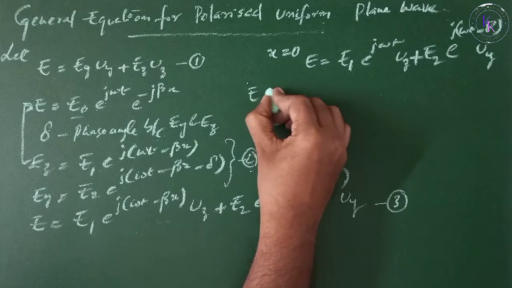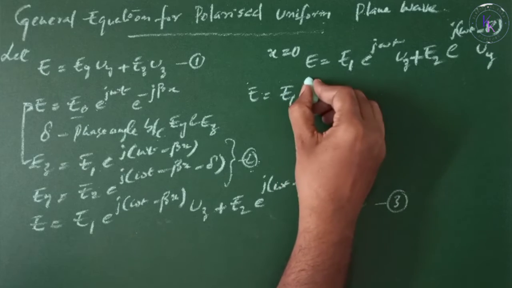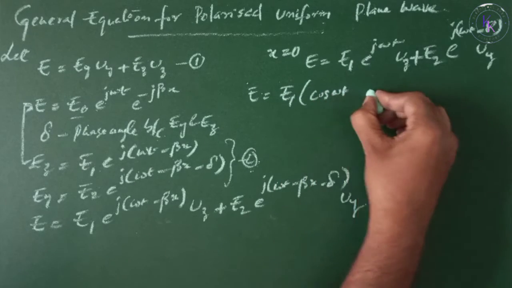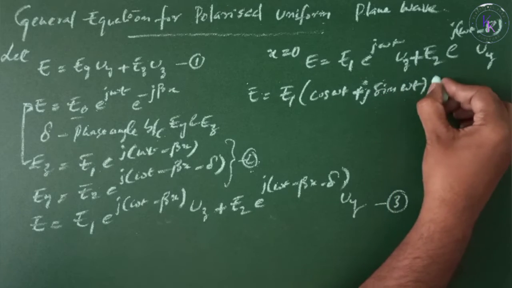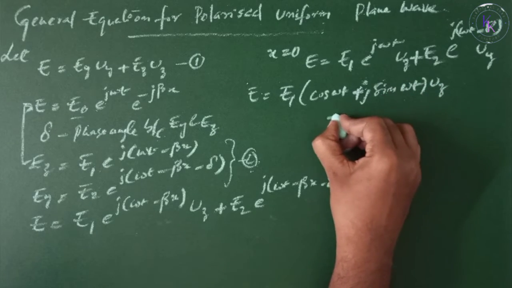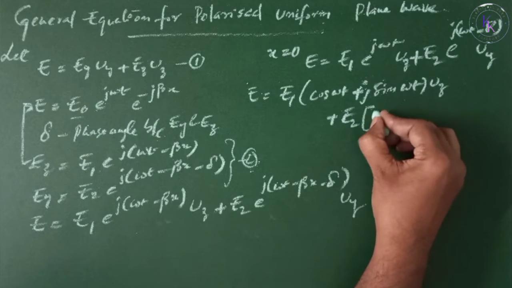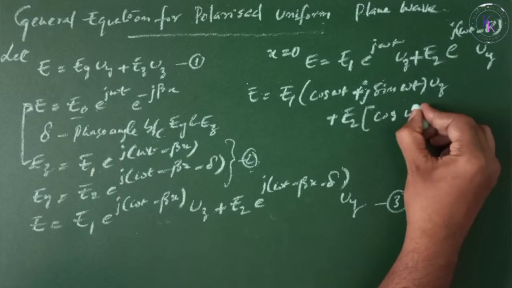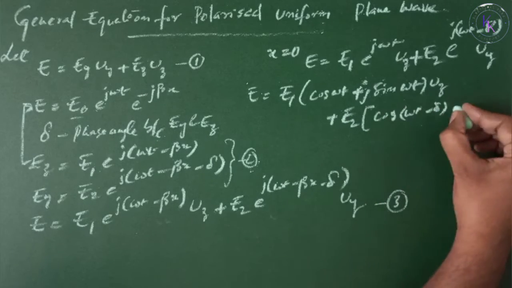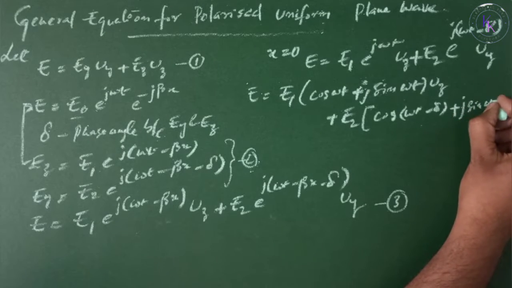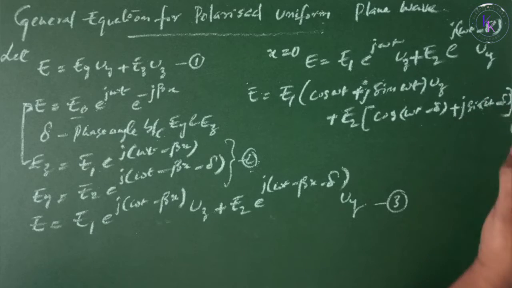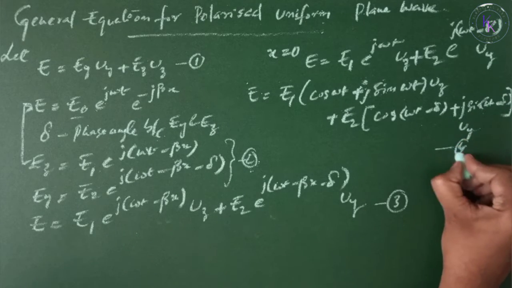This can be written as E equals E1 (cos omega t plus j sin omega t) uz plus E2 (cos(omega t minus delta) plus j sin(omega t minus delta)) uy. Let this be equation number 4.